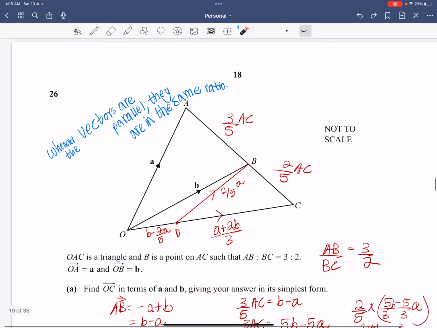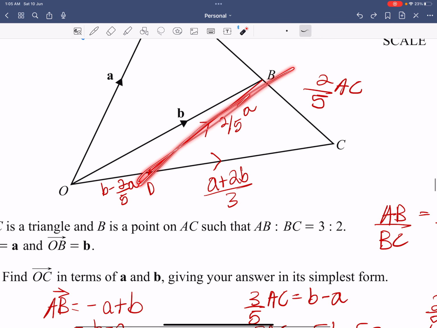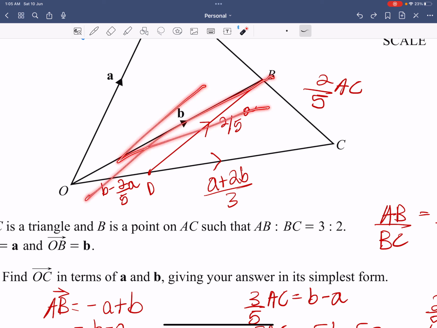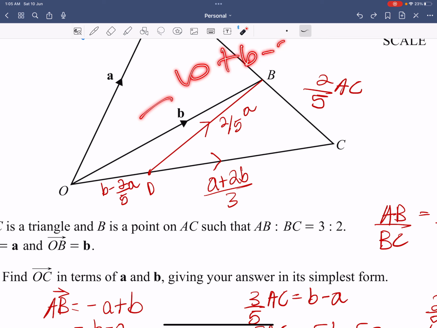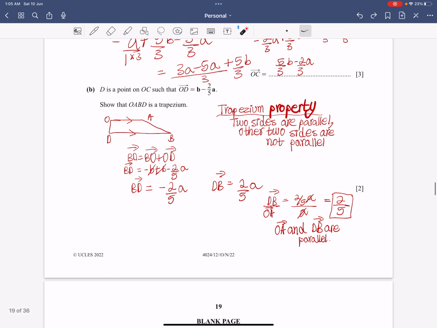So first you'll find DB, and DB will be BO plus OD. BO will be, as you're going in the direction opposite to OB, minus b plus b minus 2/5a. The b and b cancel out and you will be left with minus 2/5a.